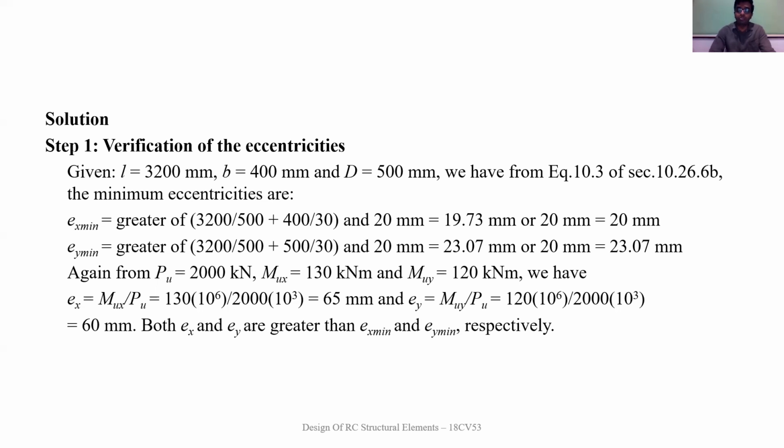So in the first step, we verify the minimum eccentricities for the given section, and then for the given load and moment, we find the axial eccentricity. If it is greater than the minimum eccentricity, we consider the calculated eccentricity.